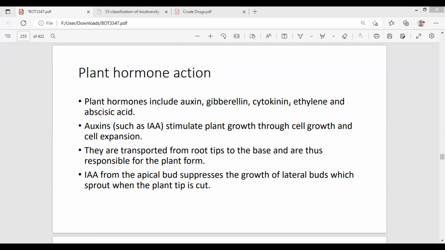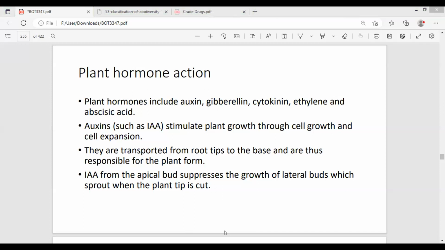So they also have various hormones that help with different defined roles. These are the common hormones: auxin, gibberellin, cytokinins, ethylene, and abscisic acid.